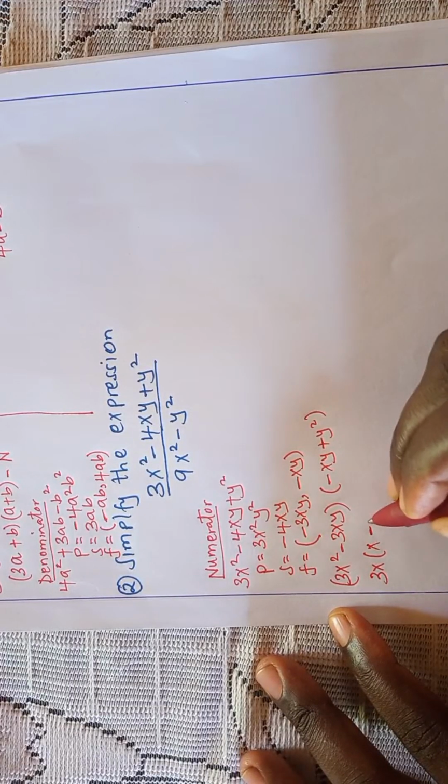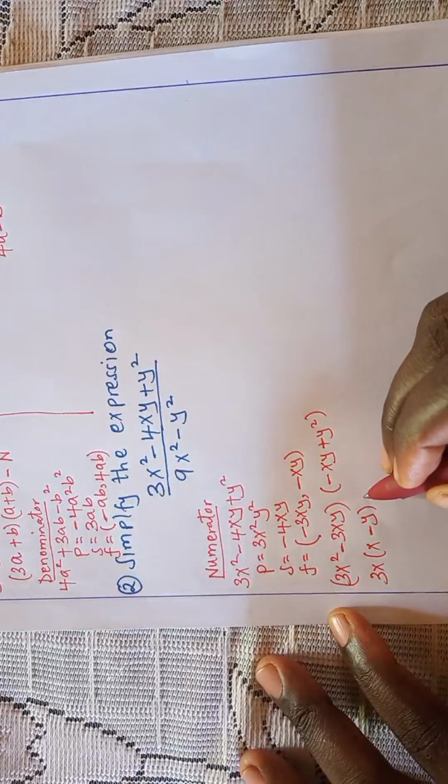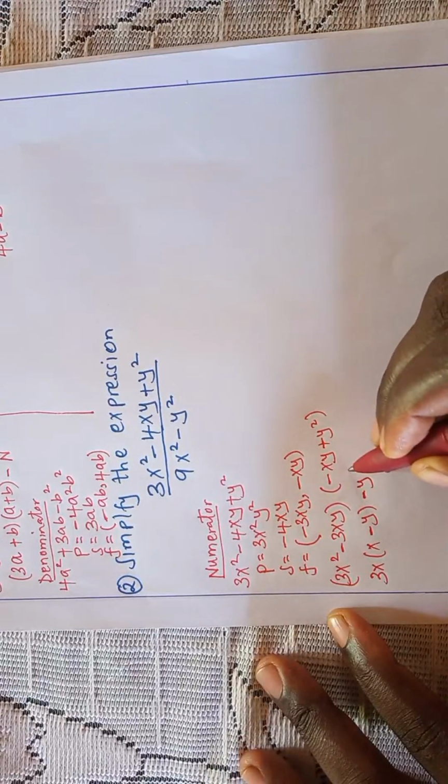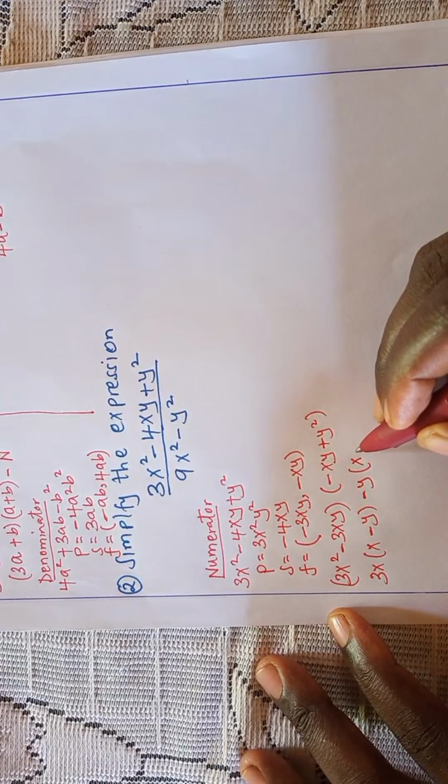If you multiply by negative y, you get negative 3xy. In the second bracket, we are going to have our common factor as negative y. If you multiply by x, you'll get negative xy.